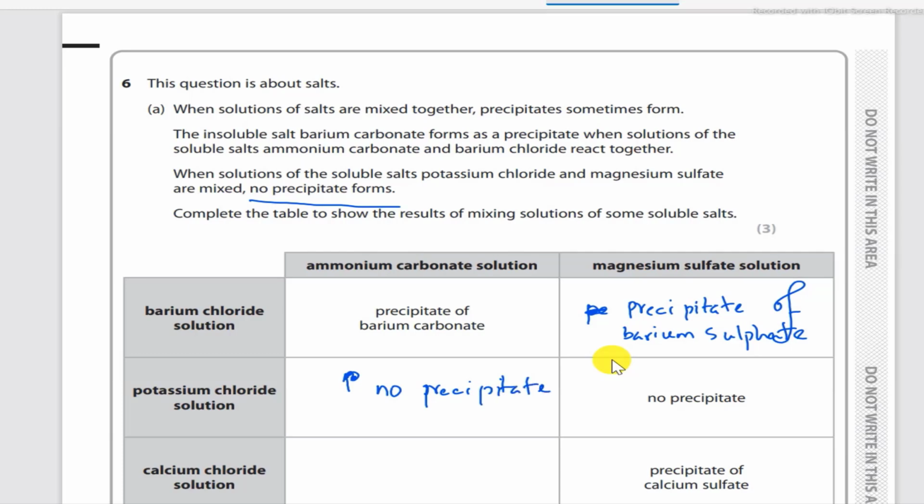Now calcium chloride solution with ammonium carbonate. Precipitate of calcium carbonate is formed.